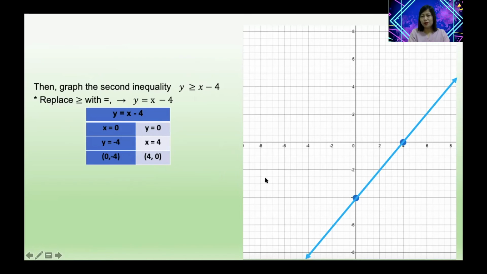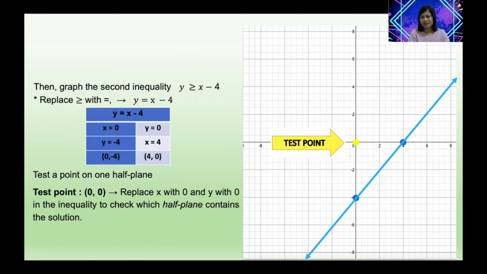And for us to know on what region to shade, let's have the test point, which is 0, 0. We substitute it in the inequality, simplify, and the resulting inequality, 0 is greater than or equal to negative 4, which is true.